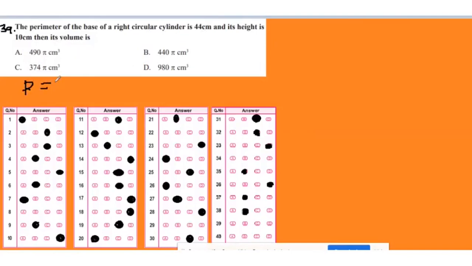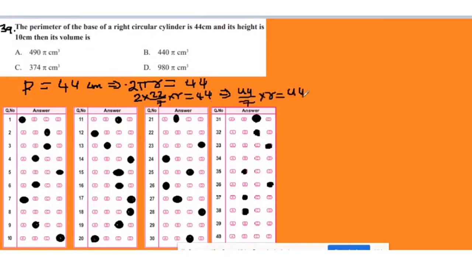The perimeter formula is 2 pi r, which is 44 centimeters. 2 into 22 by 7 into radius is 44. Obviously 44 by 7 into r is equal to 44. Radius will be 44 into 7 by 44. 44 by 7 goes to the other side and becomes the reciprocal. 44 cancels. So the radius of the right circular cylinder will be 7 centimeters.